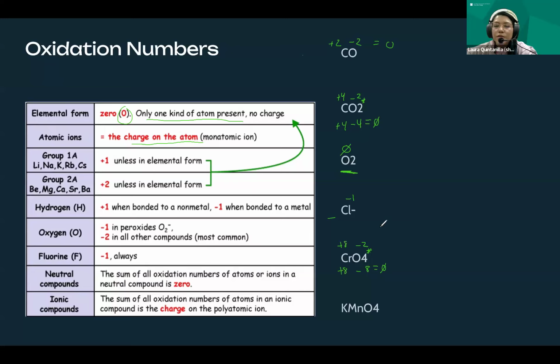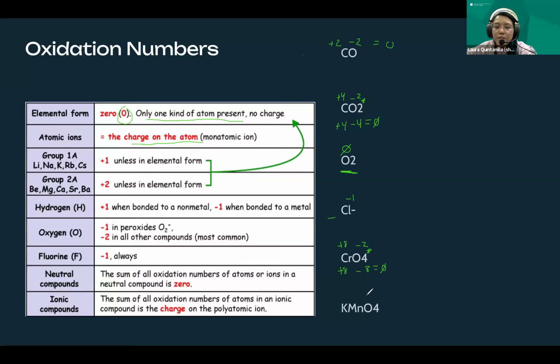And I do want you to realize that oxidation number is different than charge. Sometimes they are the same, but as you can see, it can change. Like this oxygen was a -2 and now over here it's a 0. So oxidation number is more flexible. It changes depending on what the compound is. And you'll see that over here as well.